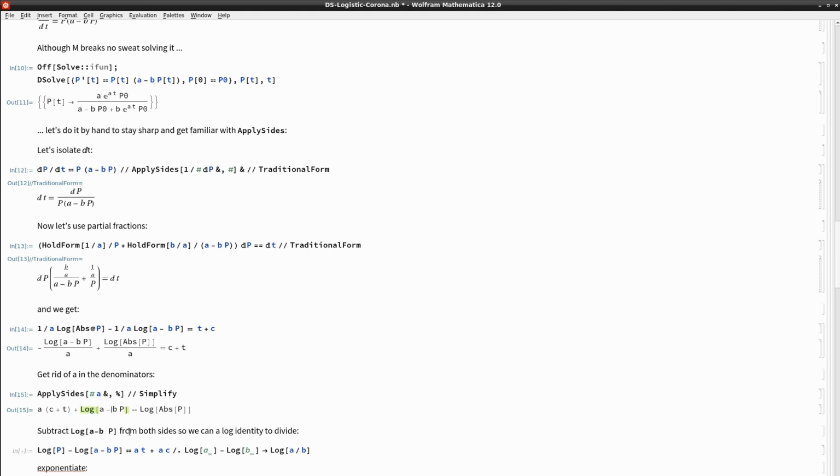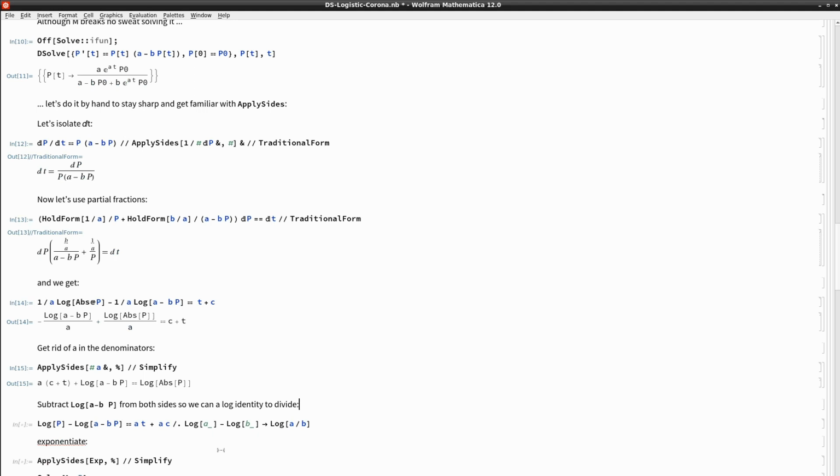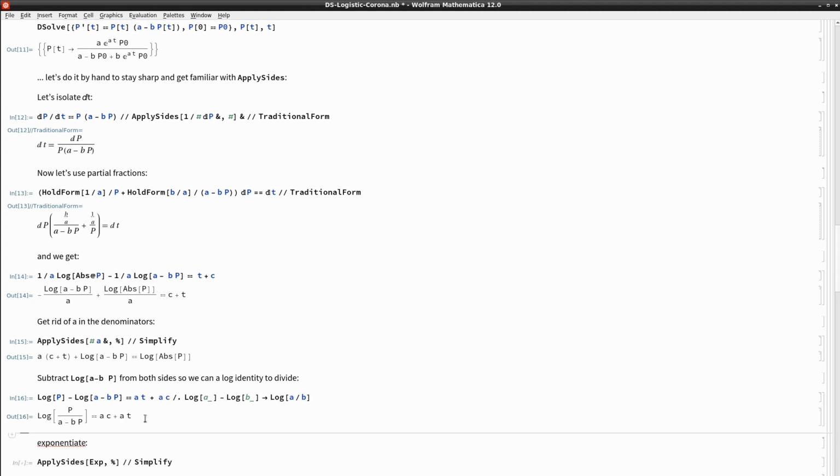We want to subtract it from both sides so that we can use a log identity in order to divide. So you remember the logarithm law that log of A minus log of B is log of A divided by B. So when we apply this, we have the log of a fraction on the left side and AC plus AT on the right side.